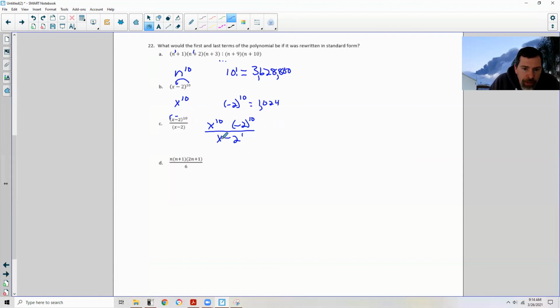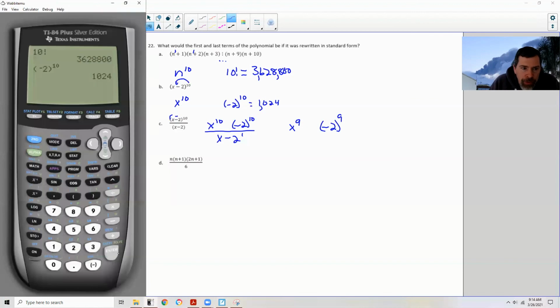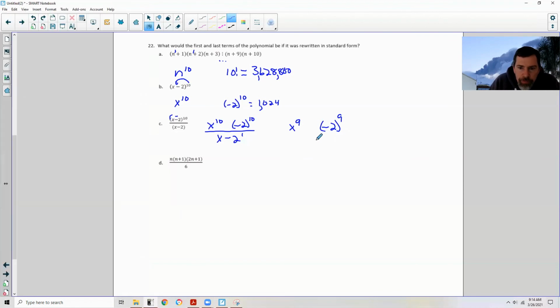So x to the 10th divided by x to the 1 is x to the 10 minus 1, or x to the 9. And negative 2 to the 10th minus 1 would be negative 2 to the 9th. And if I wanted to know what that is, then I'll just do this. Negative 2 to the 9th power is negative 512. So your first term is x to the 9th, and your last term is negative 2 to the 9th, which is negative 512.